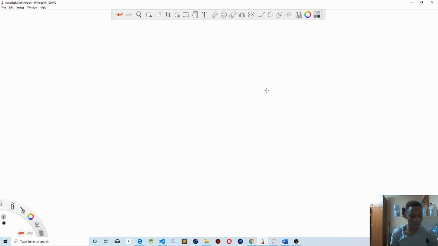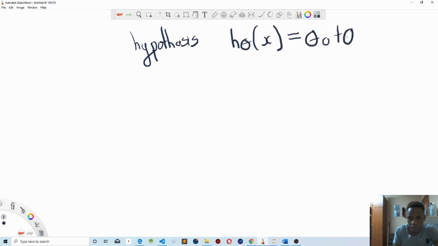So if you remember from the previous video, we talked about linear regression, where we were hired as a machine learning engineer to create a model which would predict house prices based on the size of houses in feet squared. Later on in the video, we came up with a hypothesis, which takes in a value of x and has parameters theta 0 and theta 1.